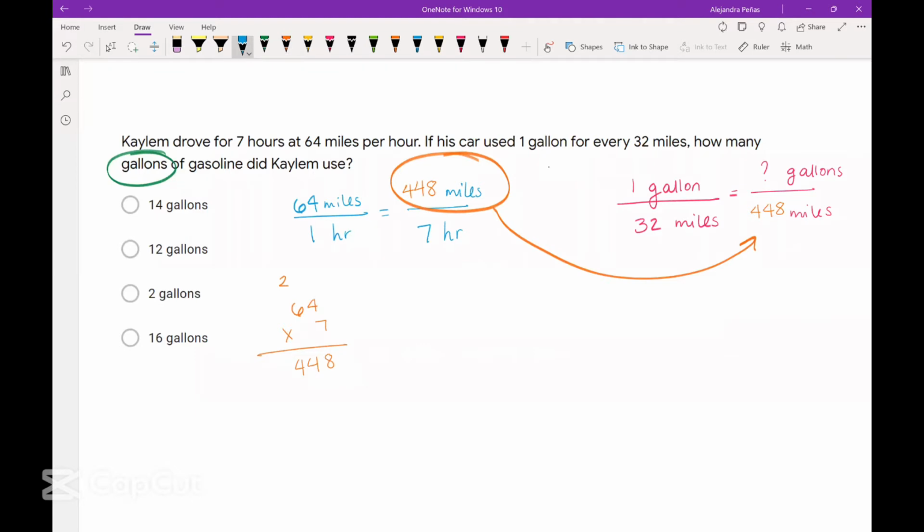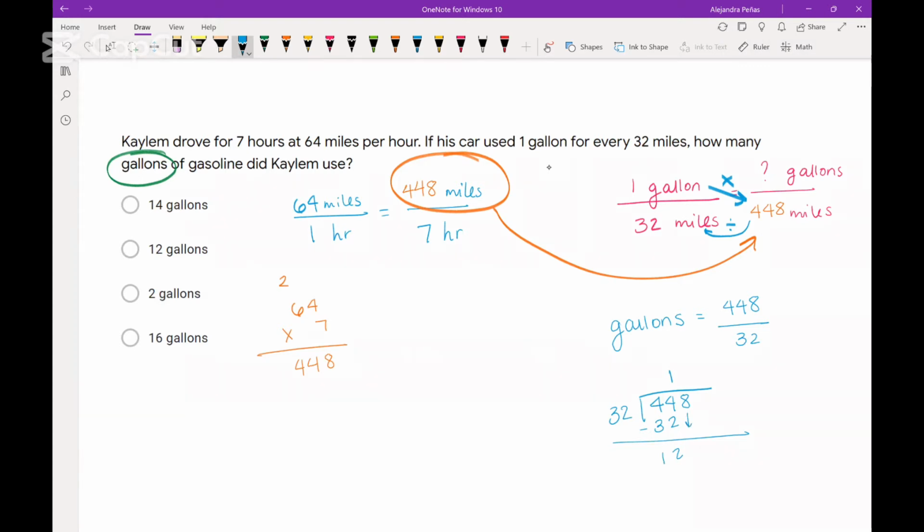Now, once again, we cross multiply and divide. So the number of gallons is going to equal 1 times 448, which is 448, divided by 32. 448 divided by 32. That's going to fit in there once. That's going to be 2. That's going to be 1.